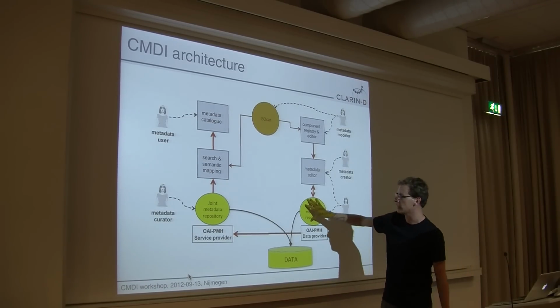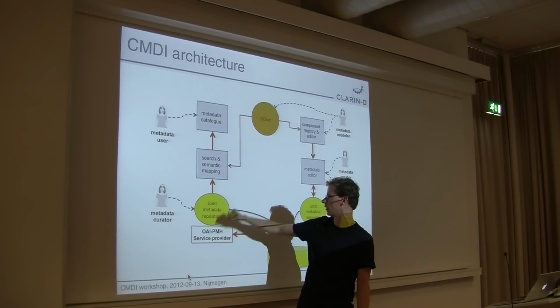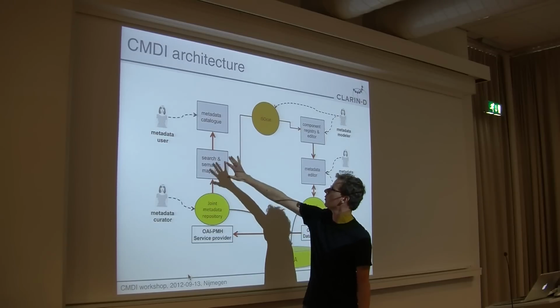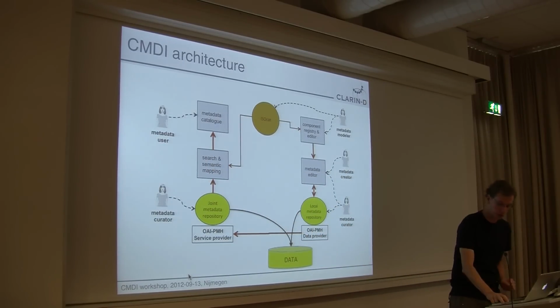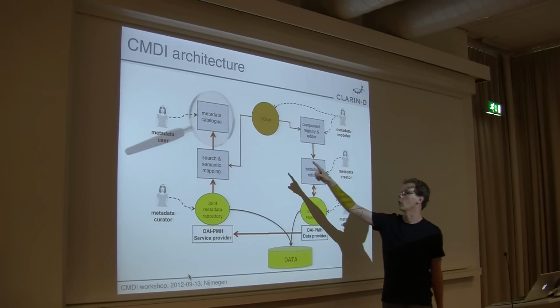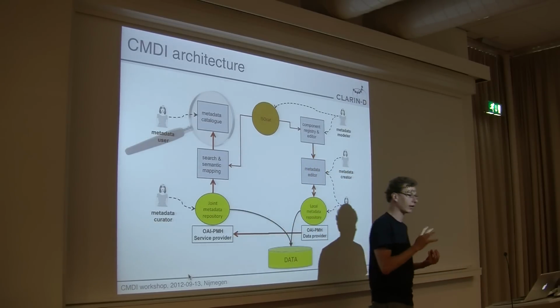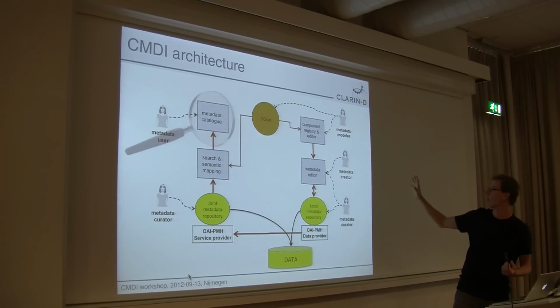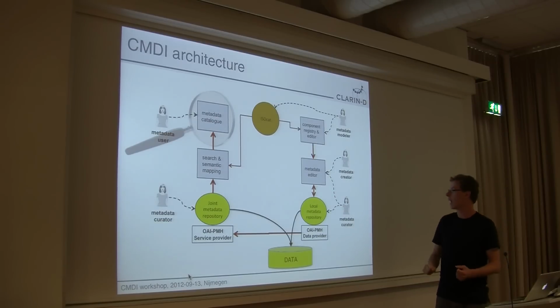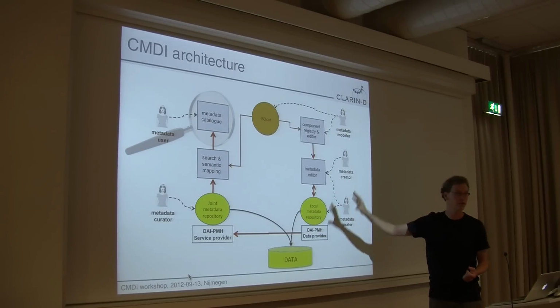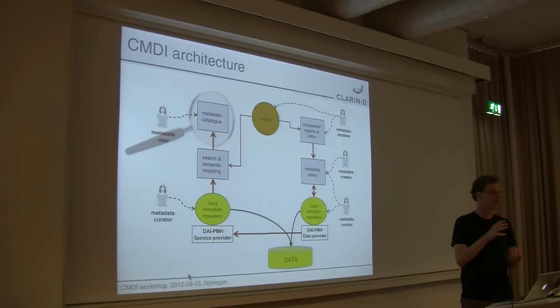Then the metadata will be harvested in a so-called joint metadata repository and will be made available for search. When we have a look at this overview, this is the part where the VLO comes in. So it's basically a kind of metadata catalog, and you can search in all of the metadata that has been created in this cycle. I won't go into all the steps of the cycle right now, because that's exactly what the next sessions are about.